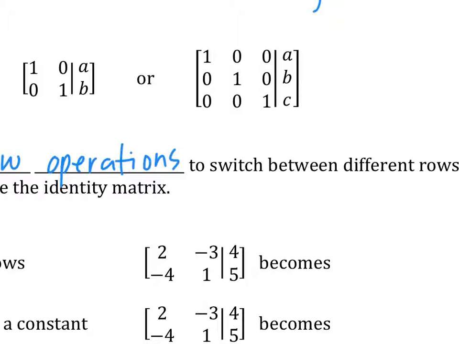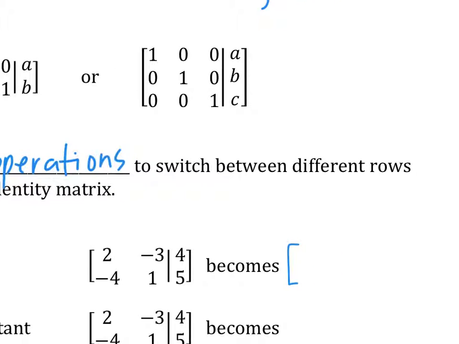I'm going to switch row 1 and row 2, so it becomes -1, 4, -4, 1, 5, -3, 4. So that's the first rule. You can switch rows to make it look the way you want. When you switch rows, please make sure you switch the entire row.